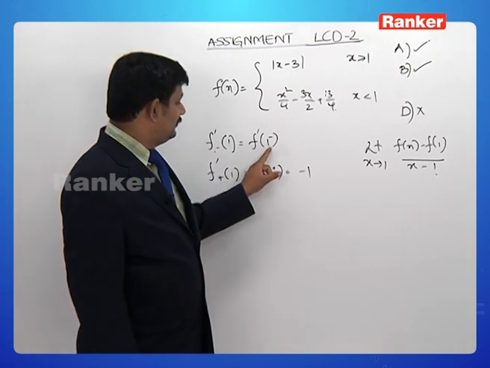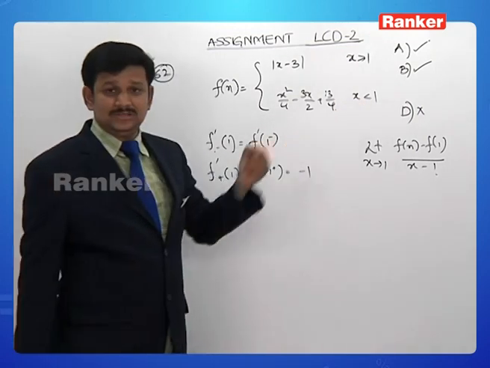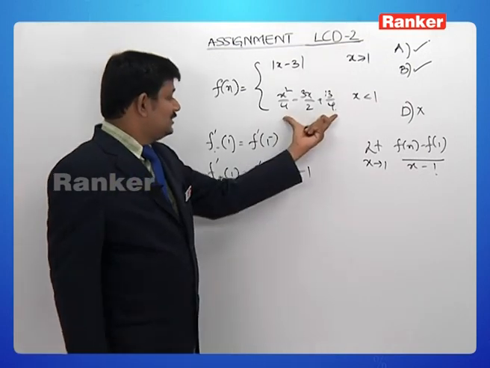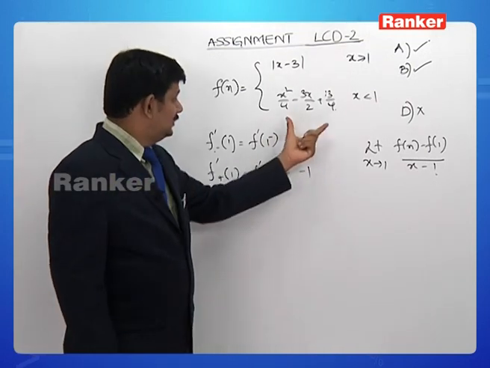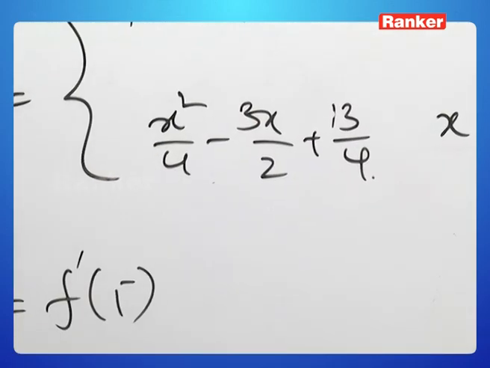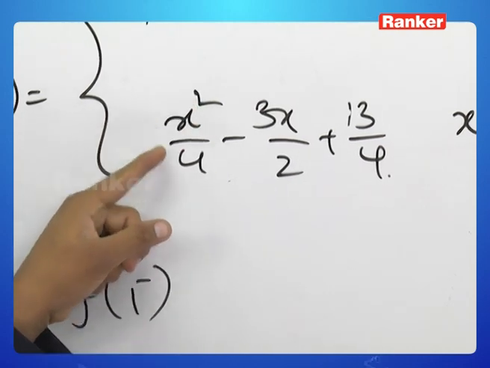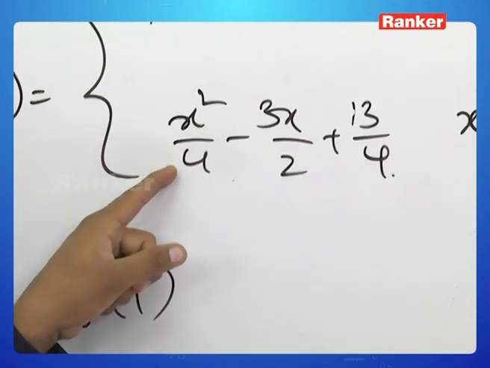For the left hand derivative at 1, whenever x is less than 1, f of x is given by this. Now let us differentiate and put x equal to 1. Differentiate this: 2x square by 4. X square on differentiation gives 2x by 4, x by 2.